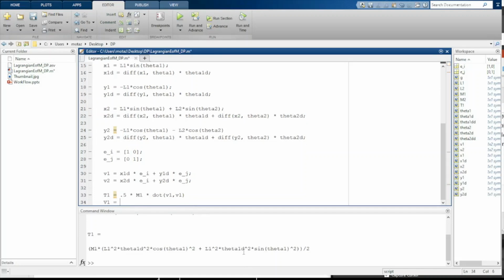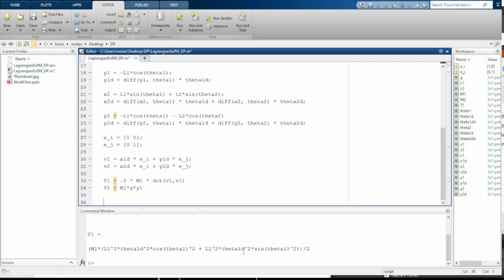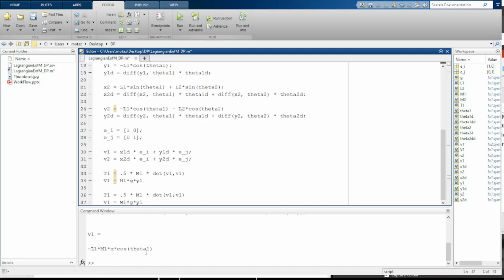And the potential energy V1 equals m1 times gravity times y1. T2 and V2 will pretty much be the same, just change from 1 to 2.